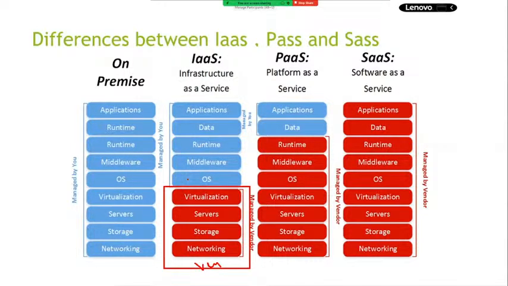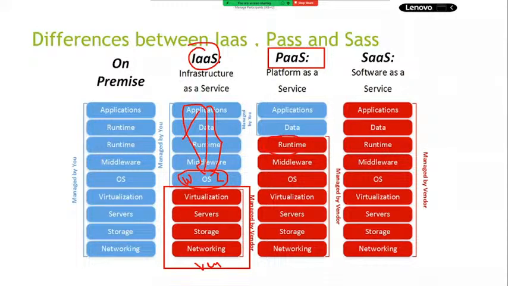Some projects may require five servers with Windows, another project would like to deploy five servers with Linux. You can choose the operating system and host whatever type of application you like. That is Infrastructure as a Service.